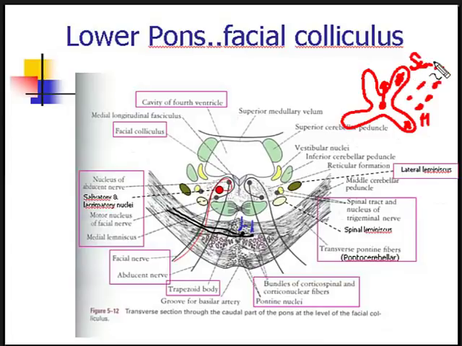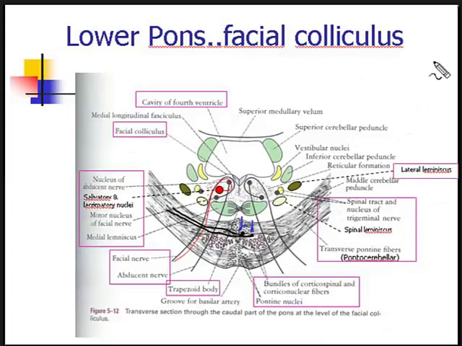So let me begin now with the first bit of gray matter that you're going to look at. And again, you should be able to tell these nerves based on their relationship with the pons. So if you remember the pontomedullary junction, let me draw it here. That's the pons, and this part here was the medulla.